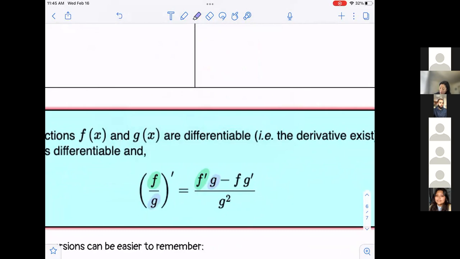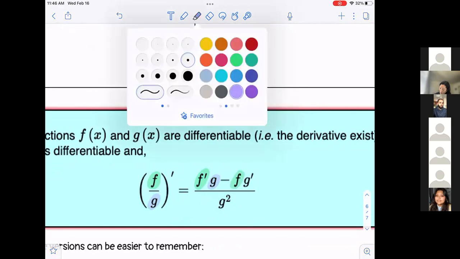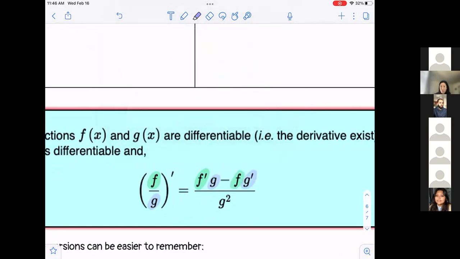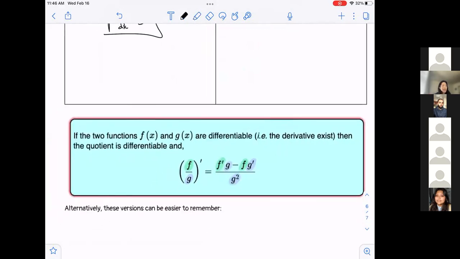Then I'm going to take just the top and multiply it by the derivative of the bottom. And I'm going to put that all over the denominator squared. Let's set up our quotient rule and then make sure that we can figure out how to rewrite this formula and think about what goes where, because the placement of things is really important here.